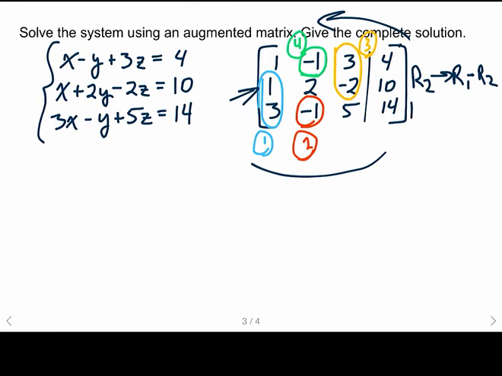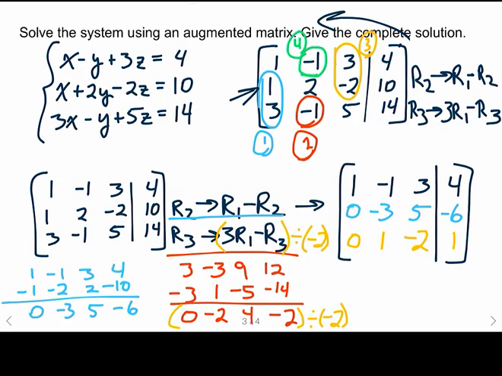And then if I replace row 3 by, say, 3 times row 1 minus row 3, I'm going to have a 0 where that 3 is. I want you to go ahead and perform those two operations. And as I said, don't be a hero. Write down the rows to do the arithmetic and then bring it back to the matrix.